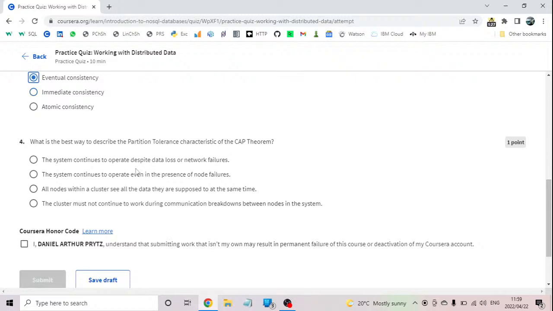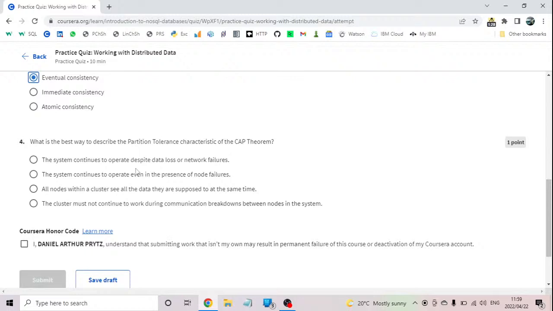What is the best way to describe the partition tolerance characteristics of the CAP theorem? The system continues to operate despite data loss or network failures. The system continues to operate even in the presence of node failures. All nodes within a cluster see all the data they're supposed to at the same time.